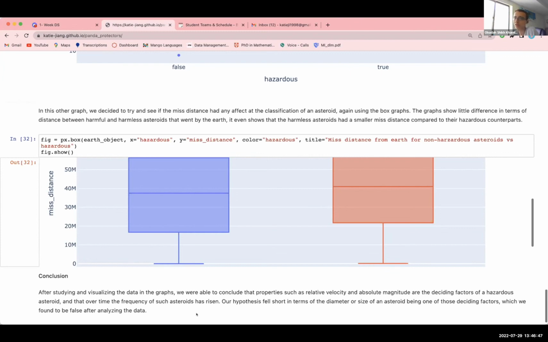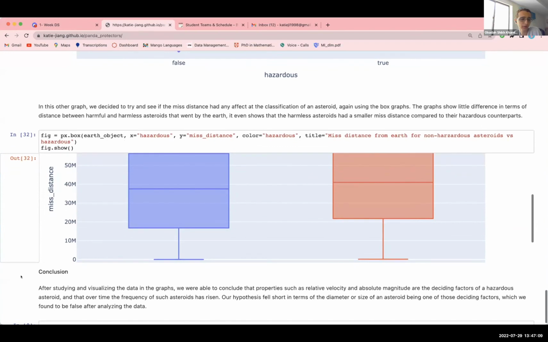Maybe back in the 1900s, we didn't have as much technology to detect as many asteroids. Our hypothesis only fell short in terms of the diameter or size having an effect on the asteroid's classification, which, as it turned out, was not the case. And that was mainly all our work this week.